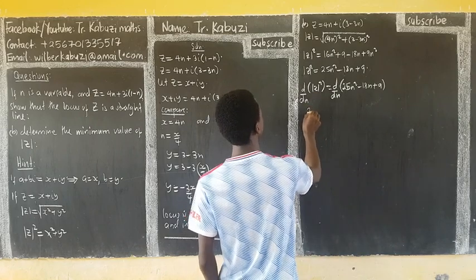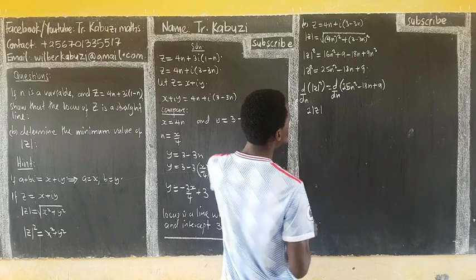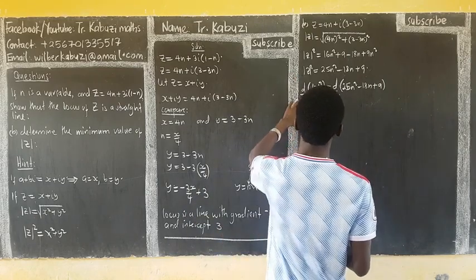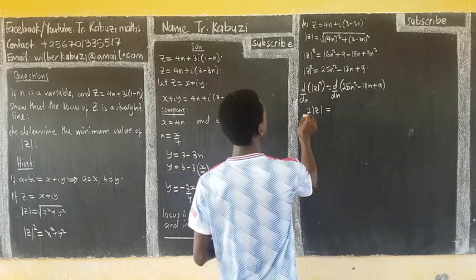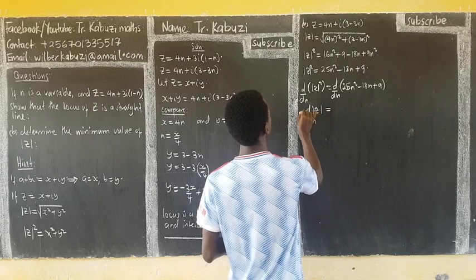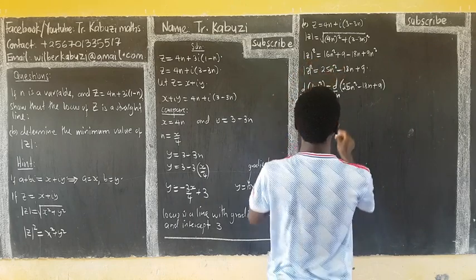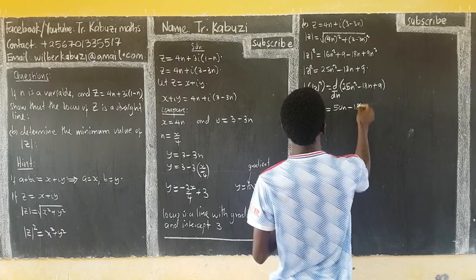I get 2 modulus of z times d modulus z by dn, equal to, when I differentiate this, 50n minus 18.